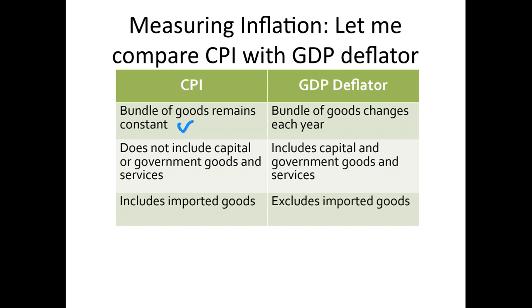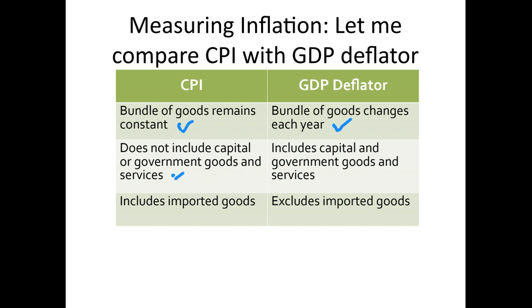So the goods and services are fixed year by year. That is the only way we can see how prices are changing for the same product. In case of GDP, this is not the case. Every year, the country is producing different goods and services, not necessarily exactly the same. So the bundle of goods changes each year. That is one difference.